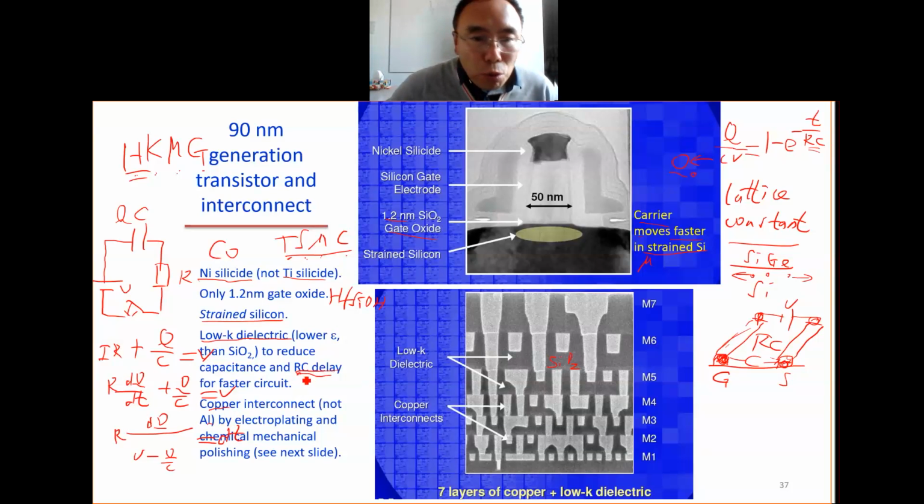Another thing we should do is to reduce the capacitance. So how to reduce the capacitance?